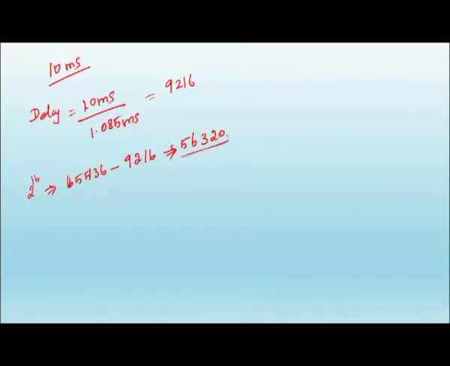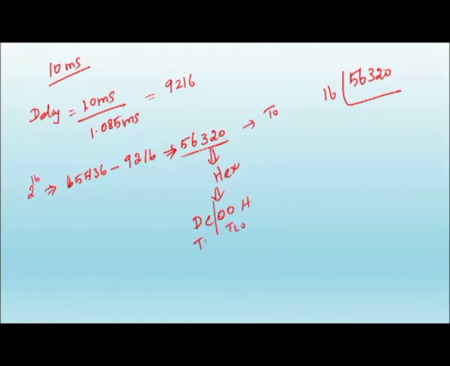So, we cannot initialize this in the T0 register directly. It should be converted into hexadecimal, and then only we can load it. After converting to hexadecimal, the value is DC00. You divide by 16 and calculate it: 56320 divided by 16, you will get the DC00H value. After that it should be split as TL0 and TH0, lower register and higher register.